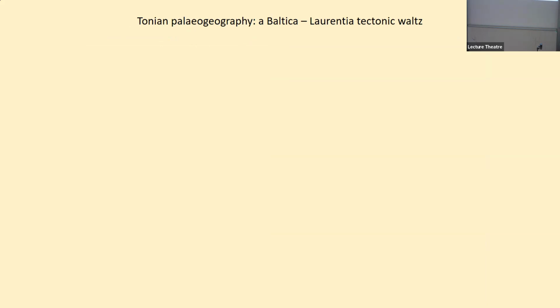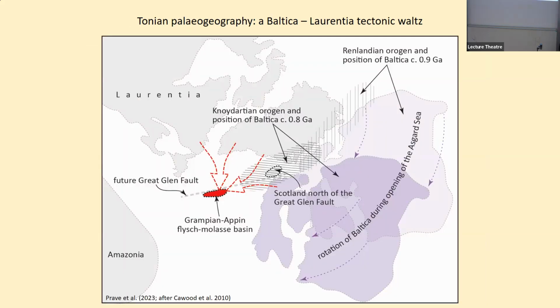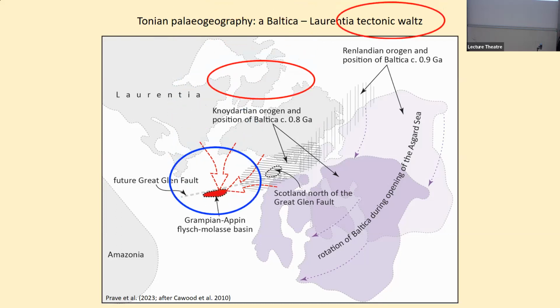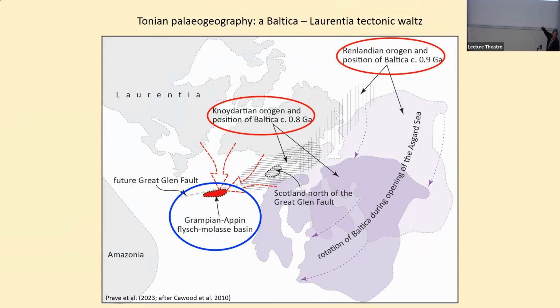since the 4th edition, the last 20 years, a lot of work has been done to understand the paleogeography of the North Atlantic. And the accepted model at the moment is this. We have this rotation of Baltica in its collision with Laurentia happening first in a relative perspective of today in the north, with Baltica rotating in a clockwise manner to open up into the Asgard Sea and create these two orogenic episodes separated in time by about 100 million years, the Rhinelandian in the north, the Knoydartian in northern Scotland and northward.